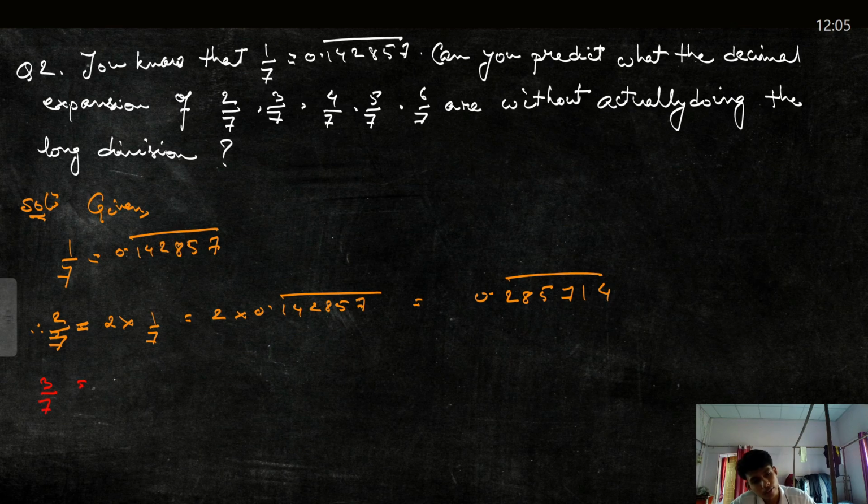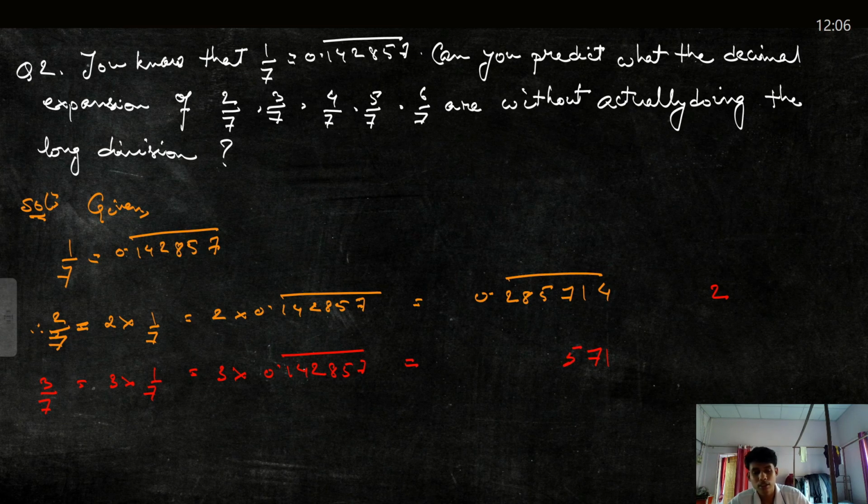Similarly, we can do 3 by 7 as well. 3 by 7 is equal to 3 into 1 by 7. That implies 3 times 0.142857 bar. Now 7 times 3 is 21, 1, and having 2. 5 times 3 is 15, 16, 17. 8 times 3 is 24, 25.